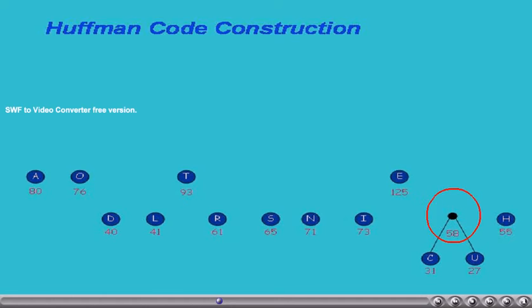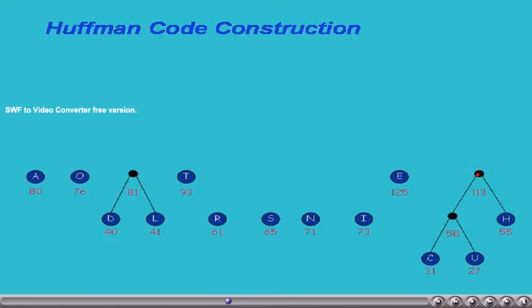The frequency of the internal node will be 58, that is the sum total frequency. Now the next two smallest frequency symbols, D and L, are added, giving a new internal node with frequency 81.